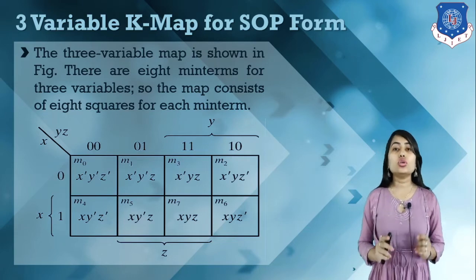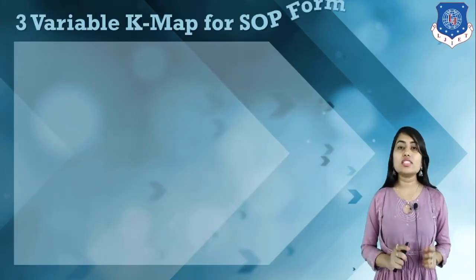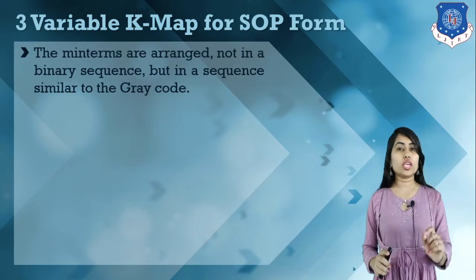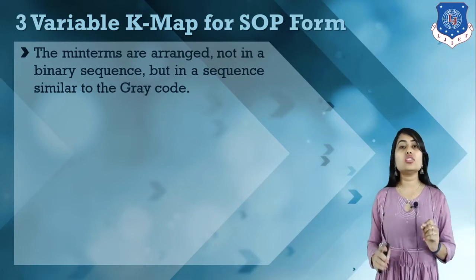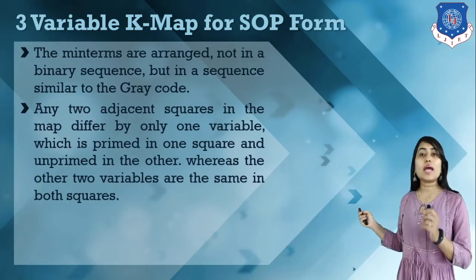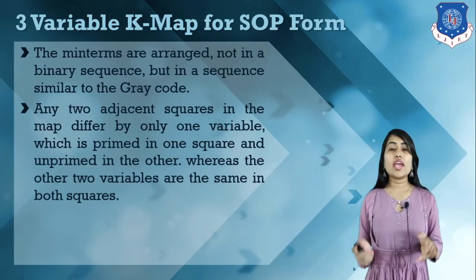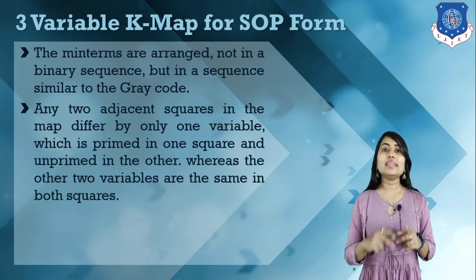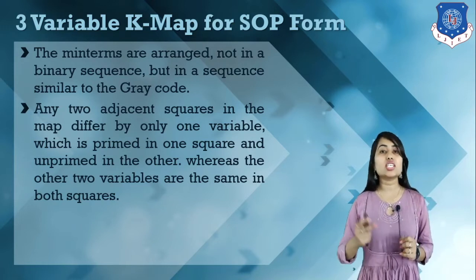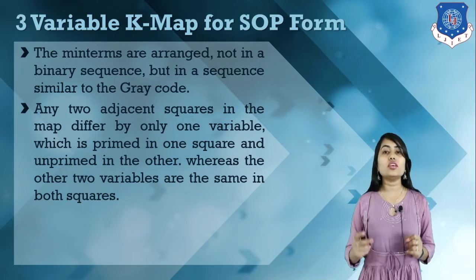As we know, the binary sequence is written not directly but in Gray format. For simplification the sequence is written in Gray format, and then by combining the various squares depending on the requirements of the logical functions, we can simplify them.